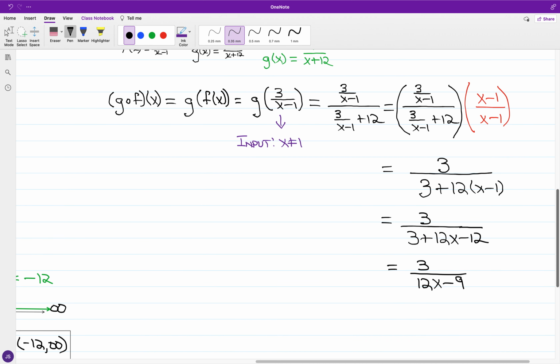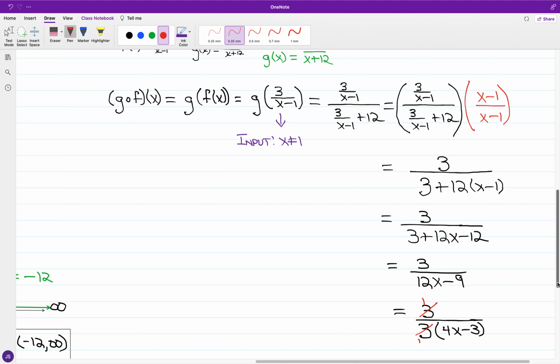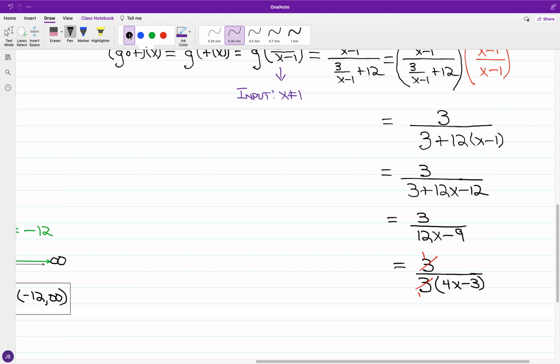And we can simplify this ratio since we have a common factor of 3. So 12x minus 9 is 3 times the quantity 4x minus 3. And so I have 3's to cancel, and this will come down to 1 all over 4x minus 3.